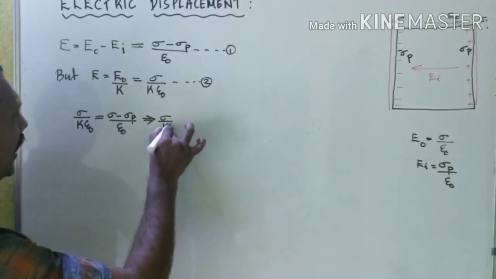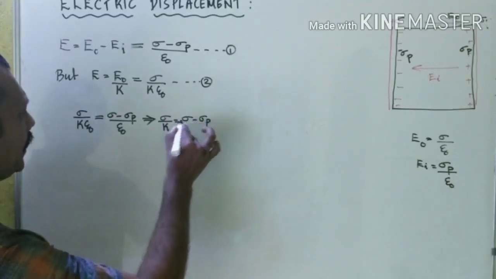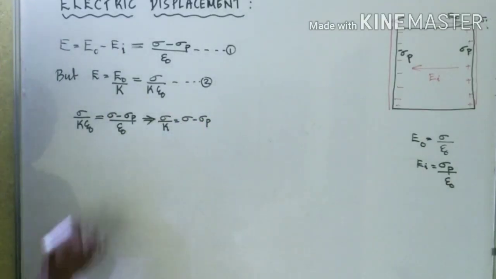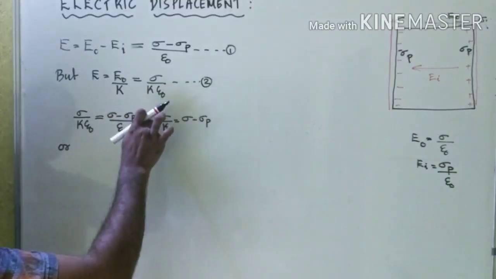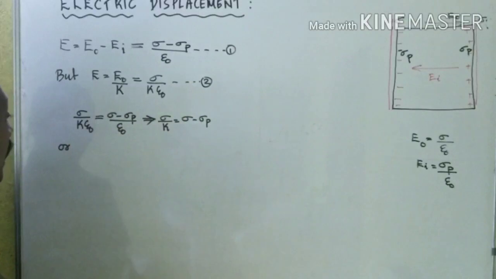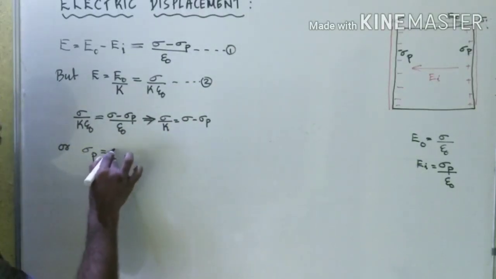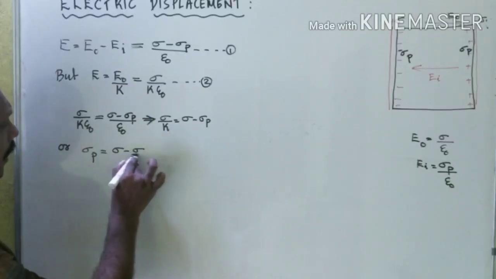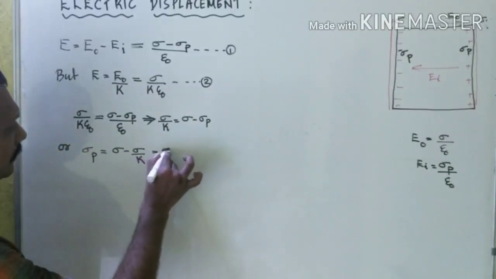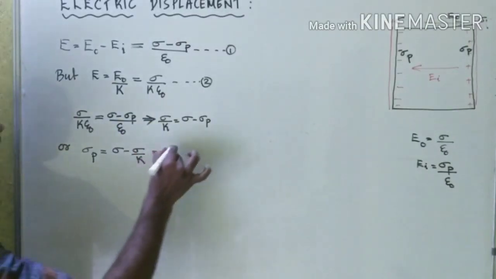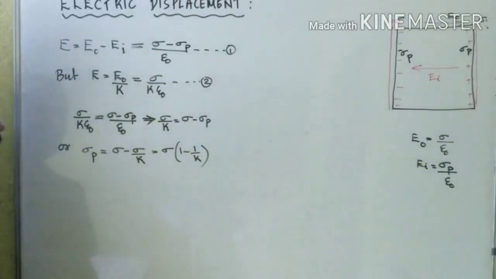Sigma by K is equal to sigma minus sigma p, right? Let us bring sigma p to this side and sigma by K to the other side. Sigma p is equal to sigma minus sigma by K. Sigma can be taken common outside: sigma into 1 minus 1 by K is the answer.